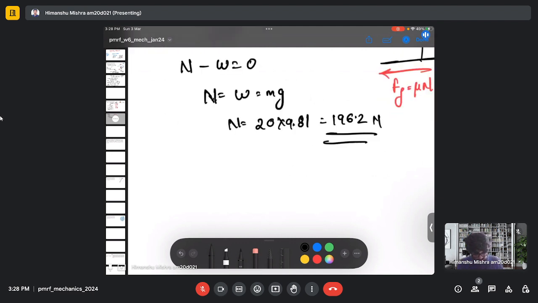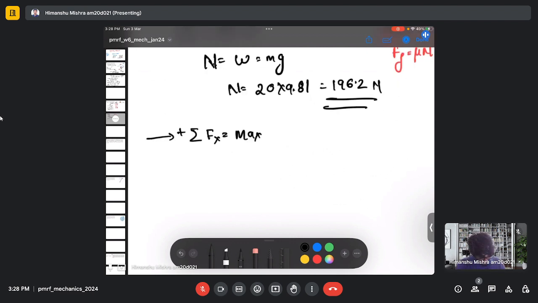Now if I do the force balance analysis in the horizontal direction, I have the tension force and the friction force equal to ma.